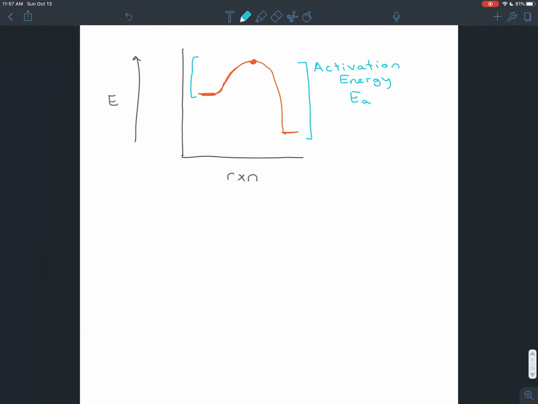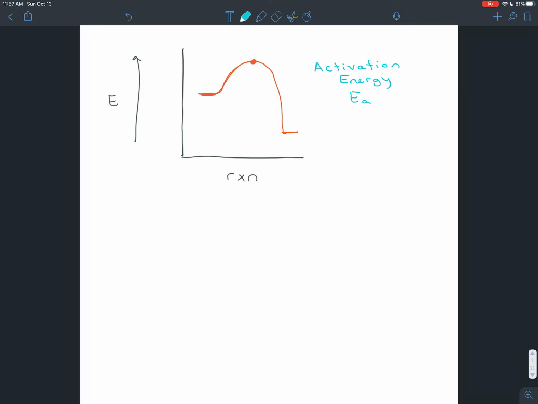Imagine balls being moved around just at random rates. More often the balls will go in the right direction than in the left direction. If you're just waiting around randomly, the balls will go over here faster than they'll go in the opposite direction, because the hill that they would have to go up, the energy barrier in front of them, is bigger in the reverse reaction.